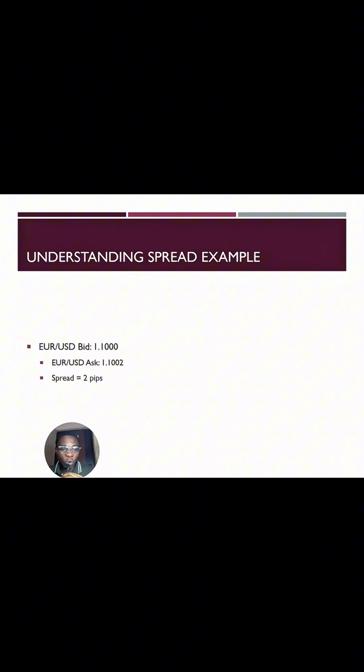So we said Euro USD bid. If the bid price is 1.100, let me check Euro USD here. Okay, I've added Euro USD. When I go to Euro USD, here you can see the bid price is 1.14242, and the ask price is 1.14262.